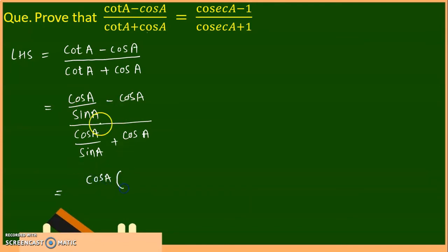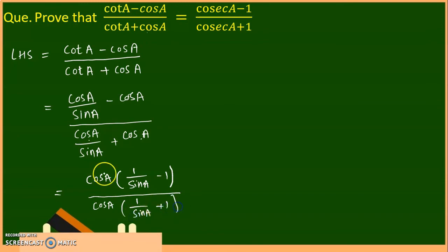So if you take cos A common from the numerator, here we will get 1 upon sine A minus 1, and same thing in the denominator. If you take cos A common from the denominator, we'll get 1 upon sine A plus 1. So here this cos A will be cancelled out. 1 upon sine A, that is the reciprocal of sine A, is cosec A. So we can write in the numerator cosec A minus 1, and the denominator is equal to cosec A plus 1.